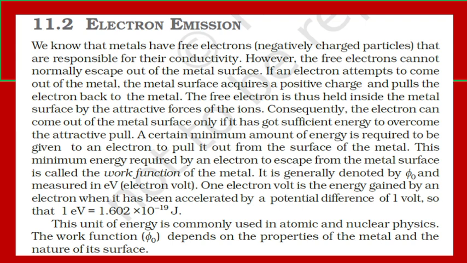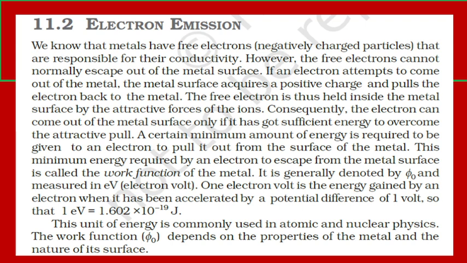So 1 electron volt is equal to 1.6 into 10 to the power of minus 19 joule. We all know that the charge on an electron is 1.6 into 10 to the power of minus 19 coulomb, and that charge value only is there.